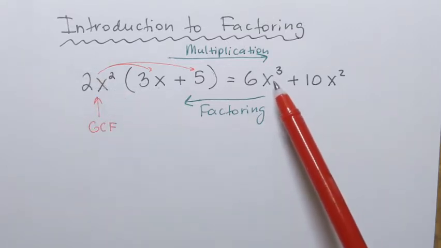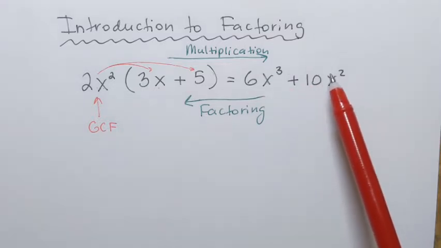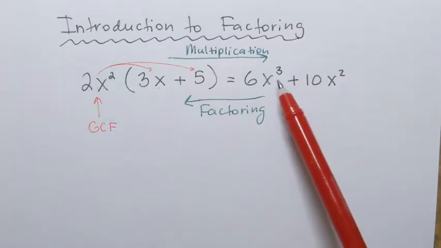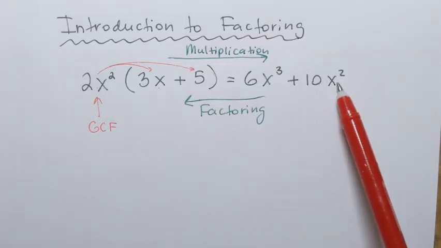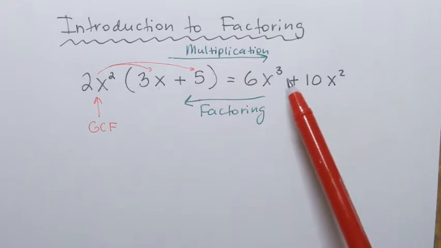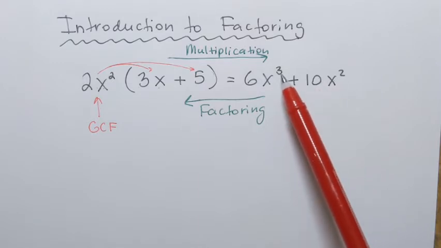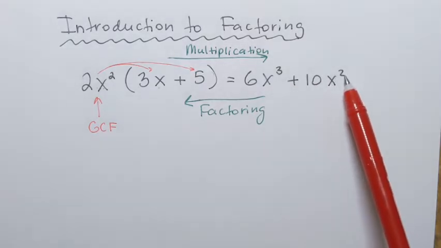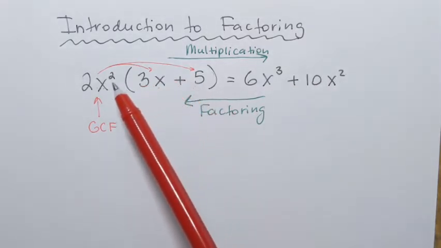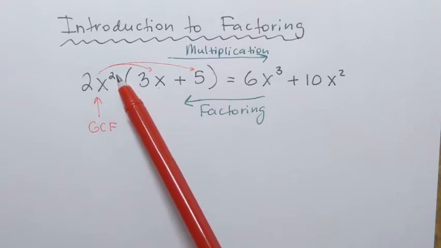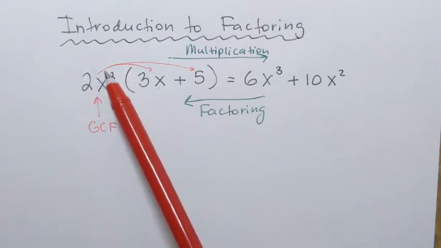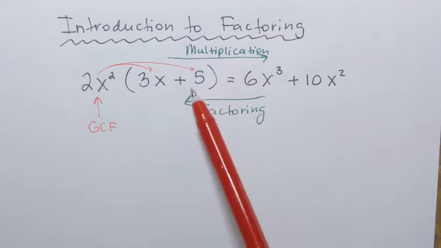But then we have to focus on the variables. I have x cubed and x squared. So what's the GCF when we work with the variables? Well, the GCF is going to be that variable raised to the smallest power among the present ones. If I look at those two powers, the smallest one is power 2. That's why here we have x to the second power. So that's the GCF. But then how do we obtain the other expression?